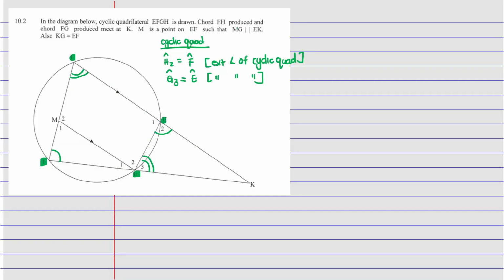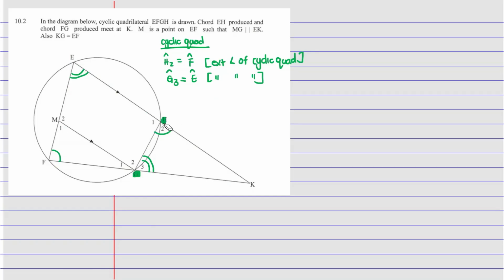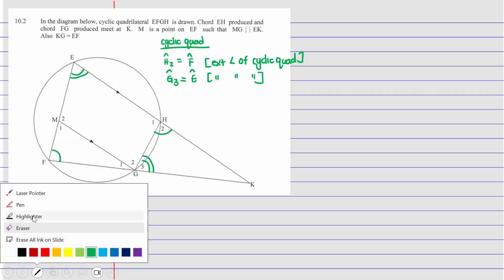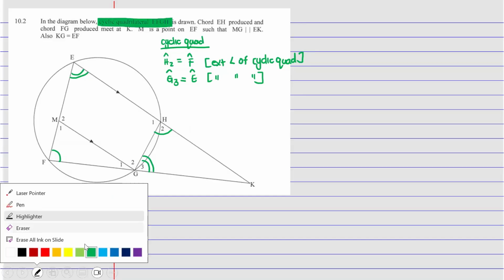And they tell us the following information: MG is parallel to EF. Let me erase this. Okay, so they tell us the next couple of facts, and the fact that that is a cyclic quad.